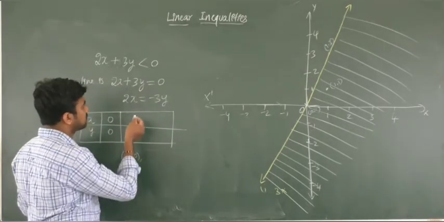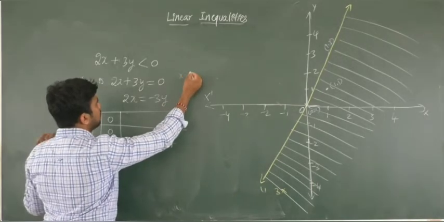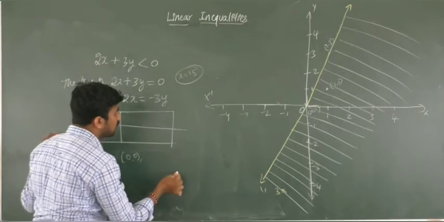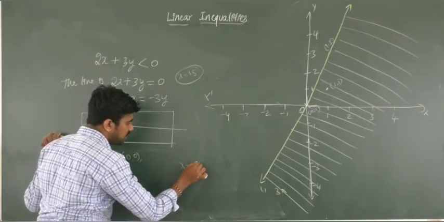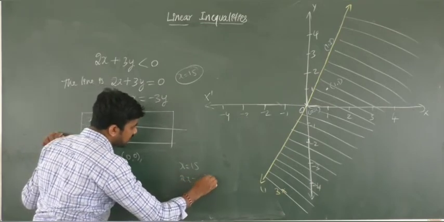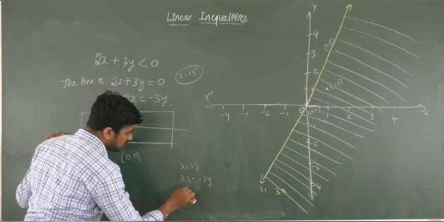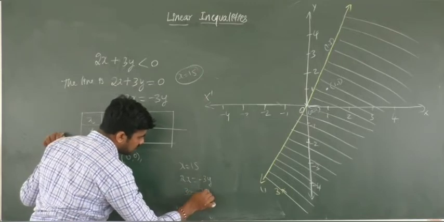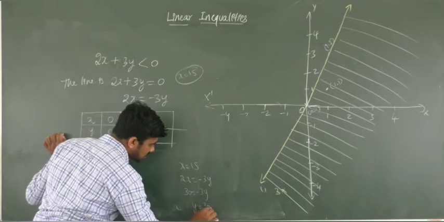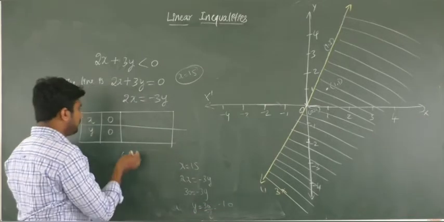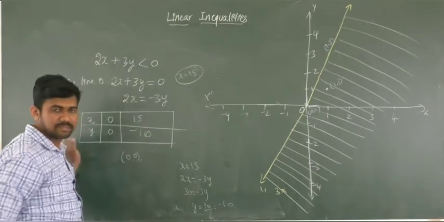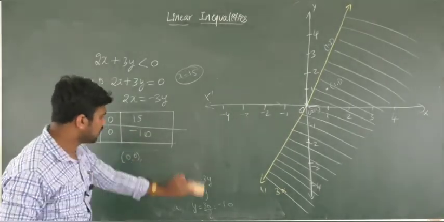I'll take x is equal to 15. If x is 15, then 2x is equal to minus 3y, so 2 into 15, 30 is equal to minus 3y, or y is equal to 30 by minus 3, which is minus 10. If x is equal to 15, y is equal to minus 10. Is it clear? So it is enough, only 2 points.